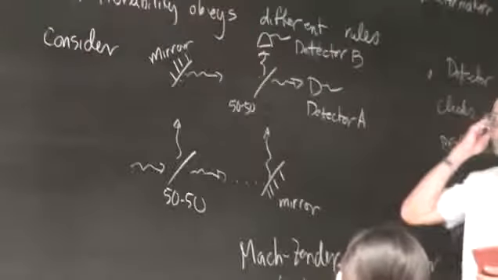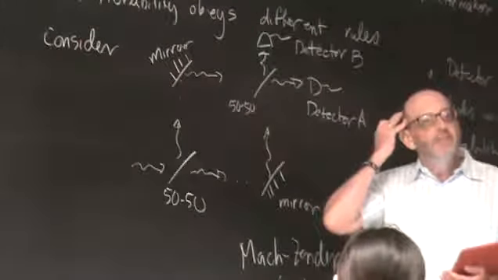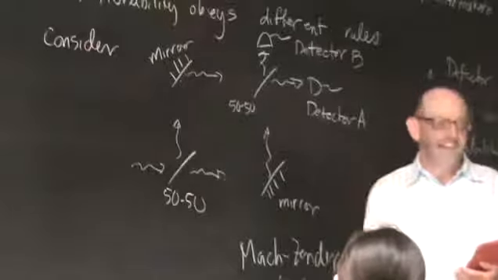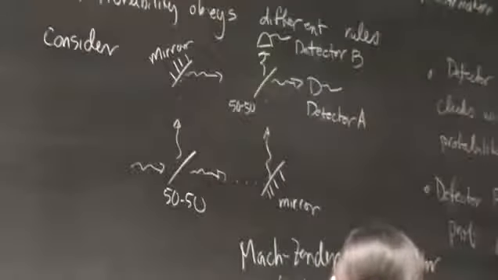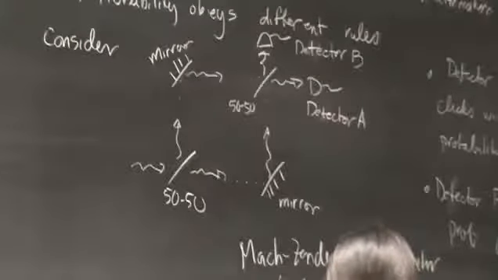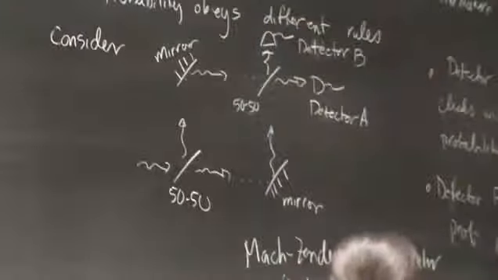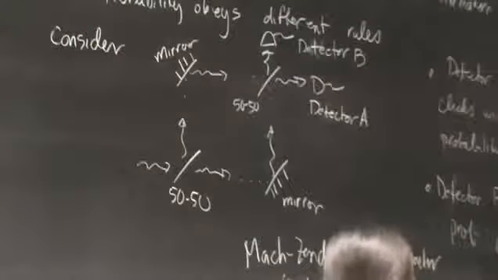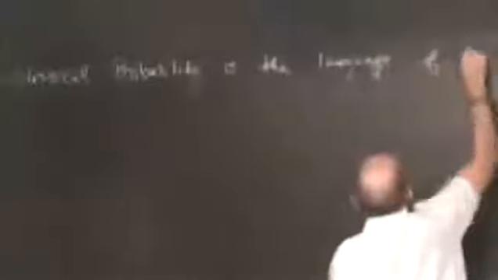What this does is shows us that the laws of quantum mechanics defy the laws of logic. Because the language of logic is probability. So classical probability. What do I mean by that?